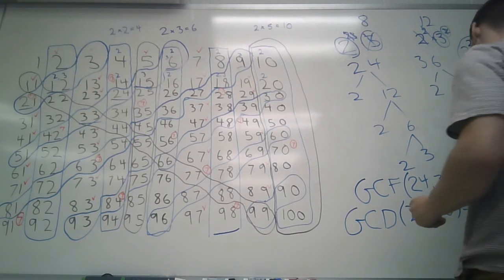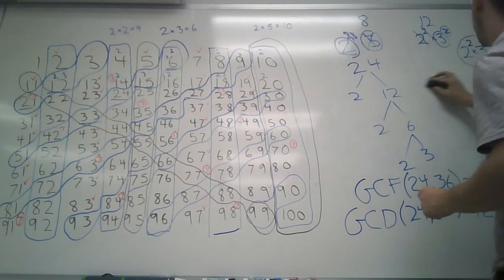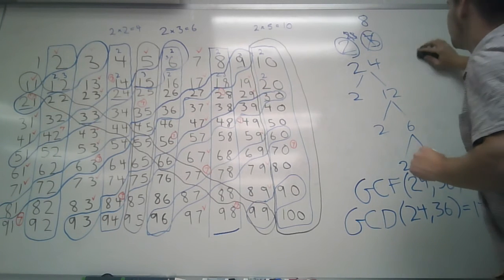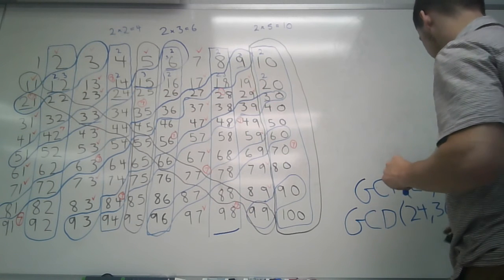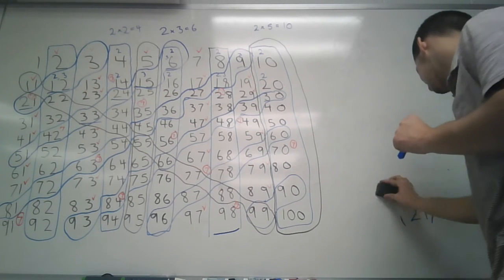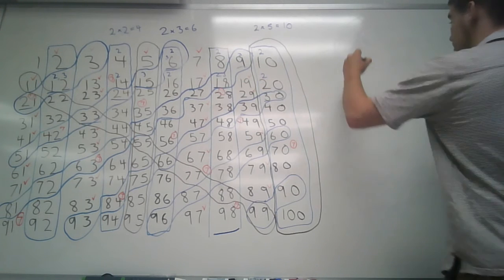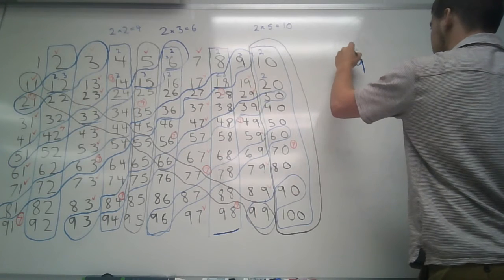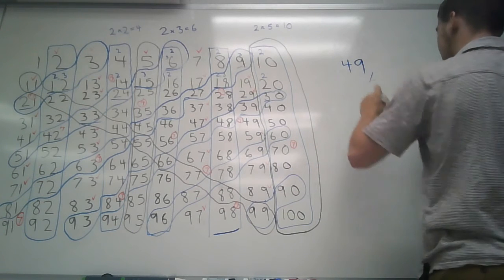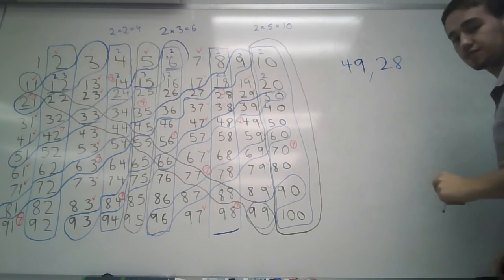Let's try another number. I'm going to erase this because we already have the factor trees. So let's go ahead and pick a couple of separate numbers. How about 49 and 28.